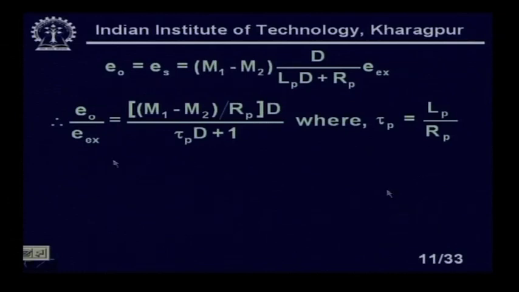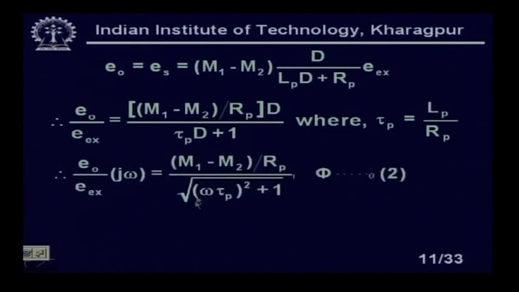Now, I can write E naught by Ex, the output voltage over the excitation, normalized, as (M1 minus M2) over Rp (tau p D plus 1), where tau p equals Lp by Rp. Now, you see here that this is the time constant. So, this is a first order system, and tau p is the time constant of the system.